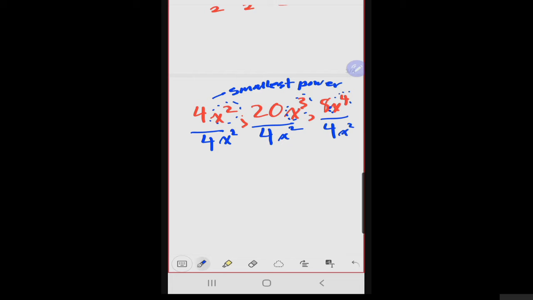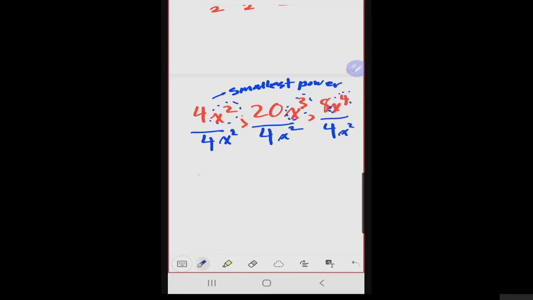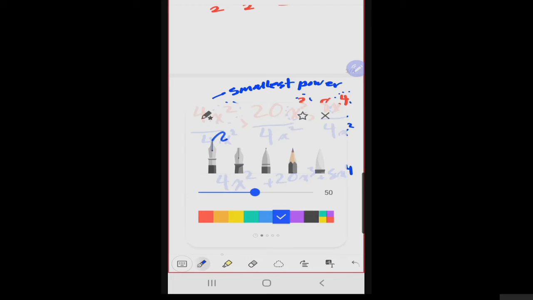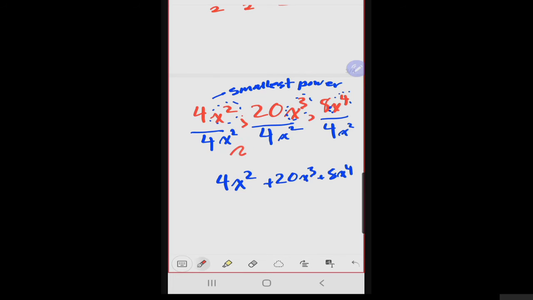So when we were doing our GCFs, greatest common factors and common factoring, you'd have something like this: 4x squared plus 20x cubed plus 8x to the 4. We found that the GCF, like you said before, which is correct, is now 4x squared.